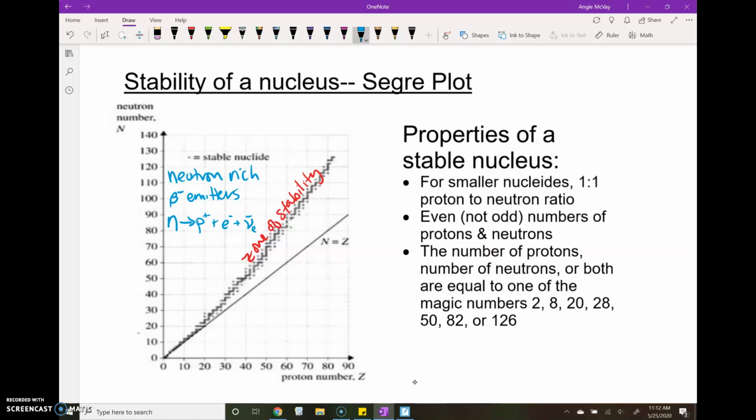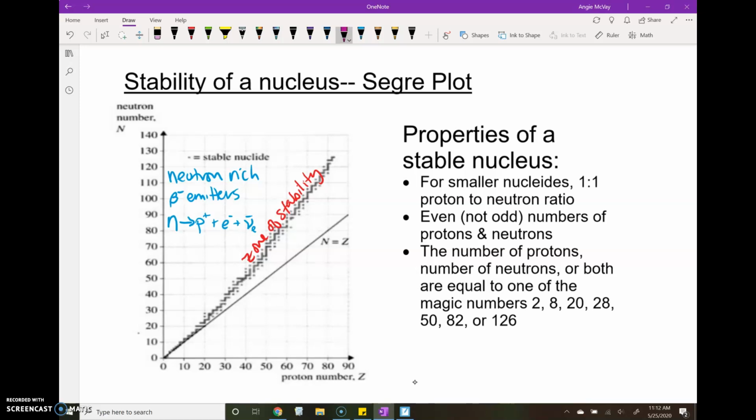So if you're neutron rich, the way that you can become more stable is for a neutron to turn into a proton. That will make your nuclide more stable, and in that process you also emit a negative beta and an electron antineutrino.